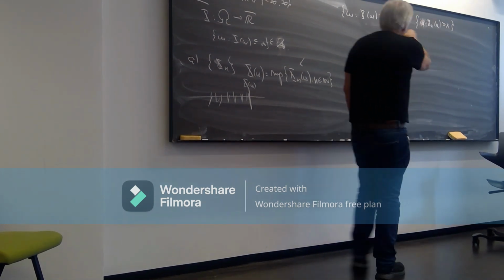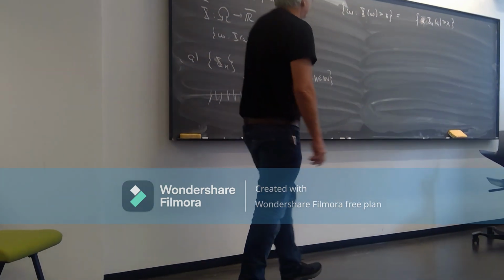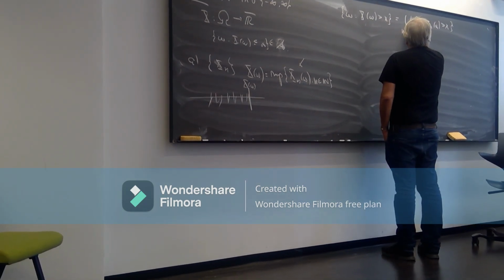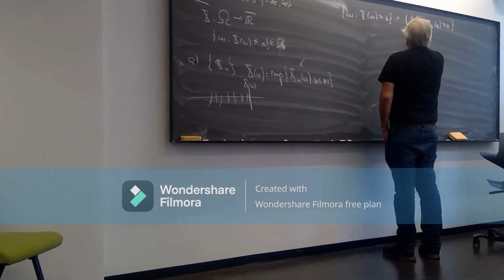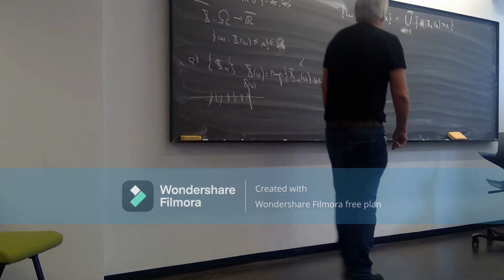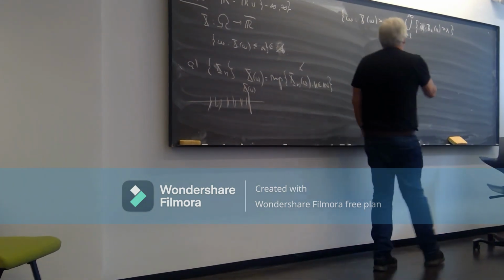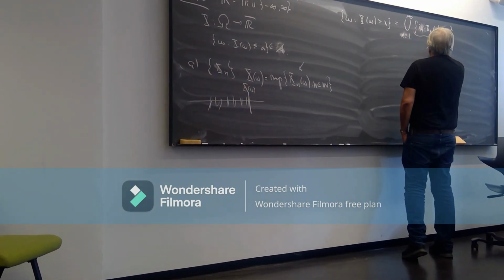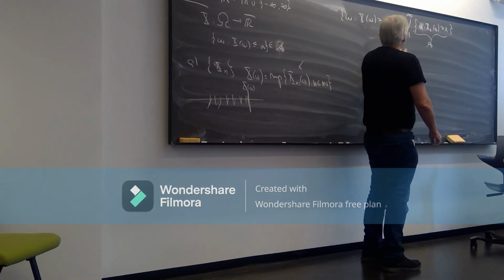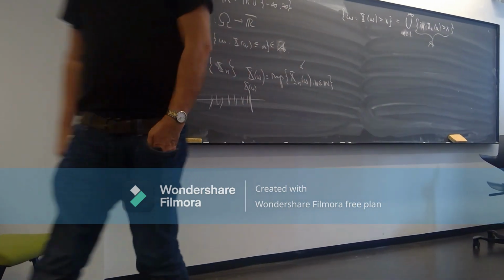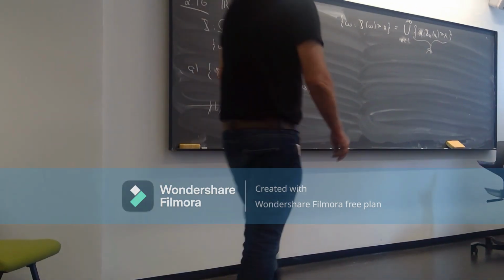And how can I express that at least one of these X_n of omega is larger than x? Well, I can take the union here, and go from 1 to infinity. So if I can prove this equality, I will be in business because these sets are in A, and A is the sigma algebra, so A is closed under this countable union. So I just have to prove that this is correct.